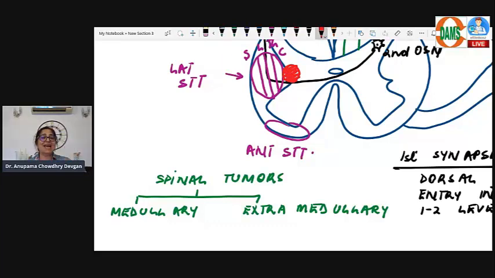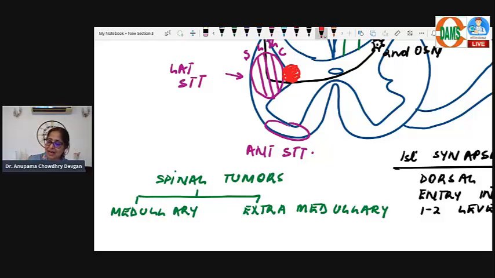What is the type of sensory loss that this patient is going to have? Medullary spinal tumors will compromise the cervical fibers first, then the thoracic, then the lumbar, and then the sacral fibers.